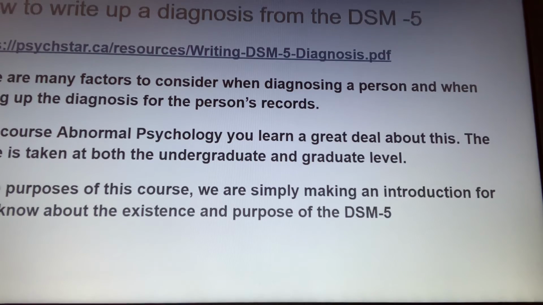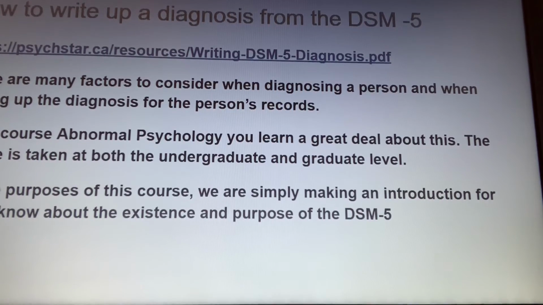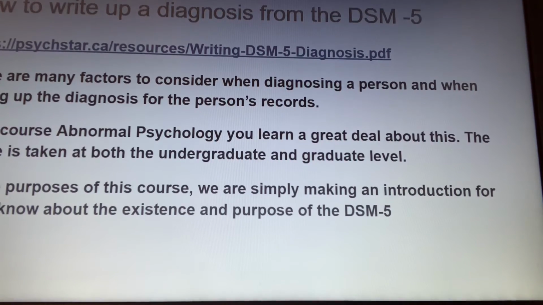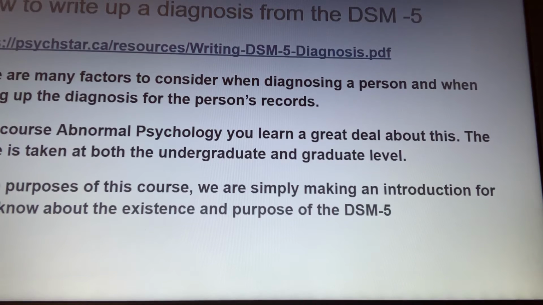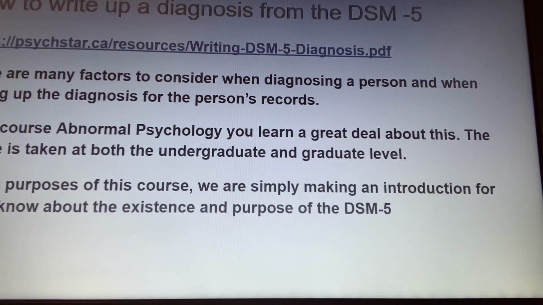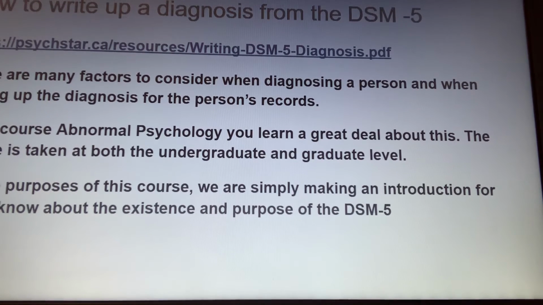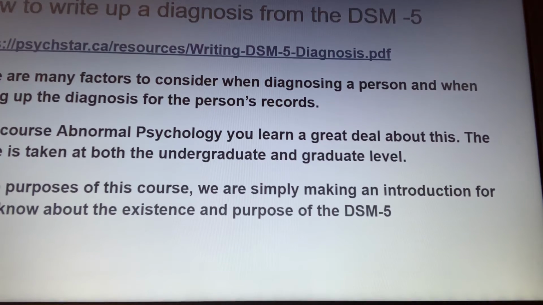You're also going to spend a lot of time learning about the DSM-5, and the course is called Abnormal Psychology, and you'll learn a lot about mental health disorders, and you will take it at the undergraduate level and at the graduate level.